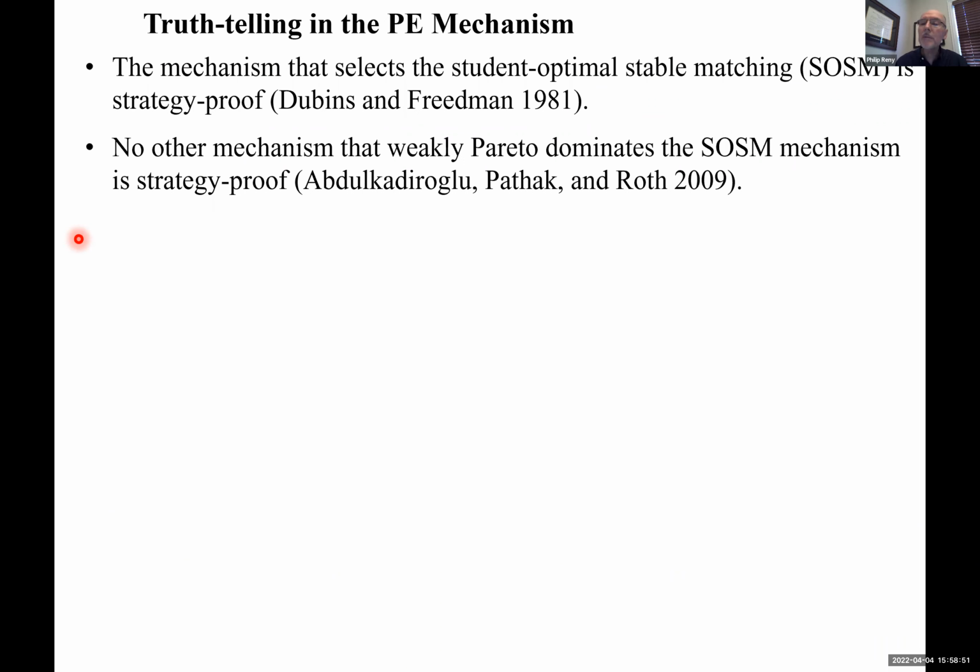And so we can talk about the mechanism that selects that unique priority efficient matching. And of course, it's not going to be strategy proof. We talked about that because I've shown you already that the priority efficient matching weakly Pareto dominates the student optimal stable matching, and they're not identical mechanisms. So it can't be strategy proof. That's a theorem in Abdulkadiroglu, Pathak, and Roth.